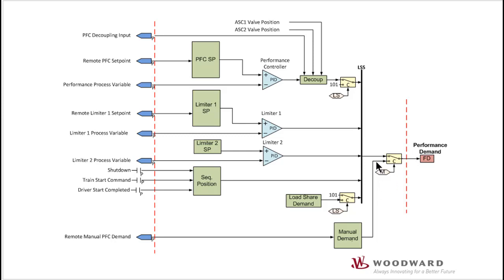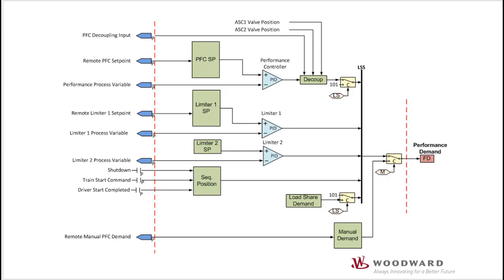And this logic contains tracking so that the manual demand and PID demands can be switched between bumplessly. If load sharing is being used, there is a separate input on the LSS. So once enabled, the load share PID demand will come in onto this LSS so that the limiter PIDs are still active, and the performance PID is actually switched off the bus. So again, tracking logic allows those modes to be enabled and disabled bumplessly.